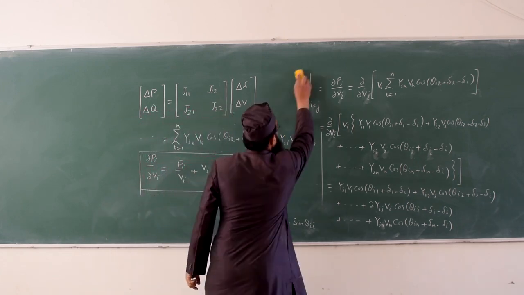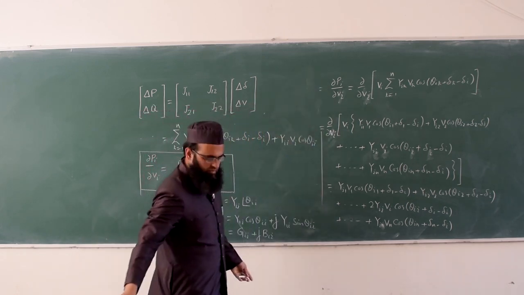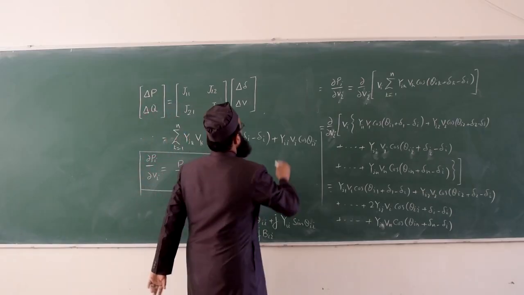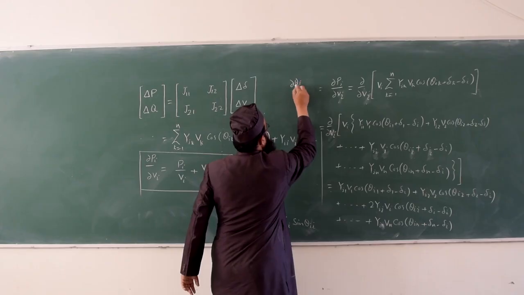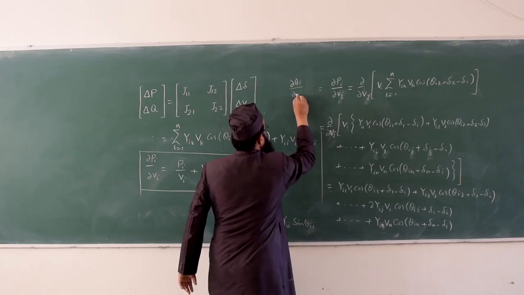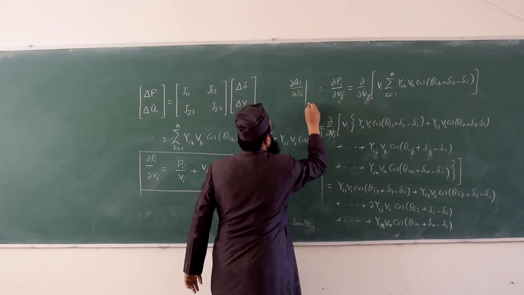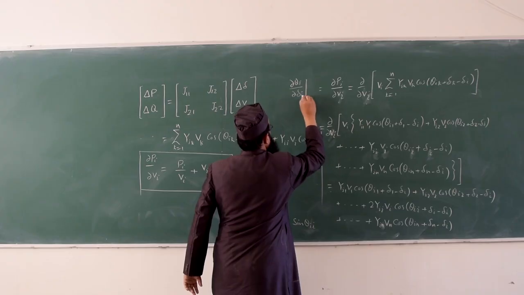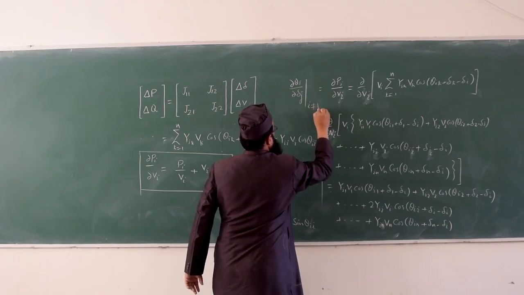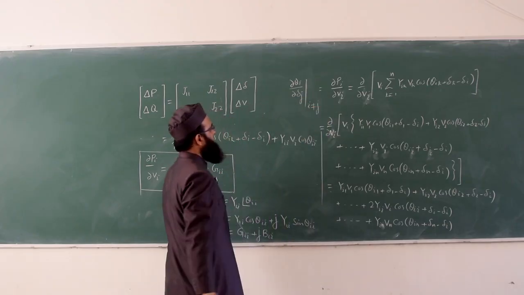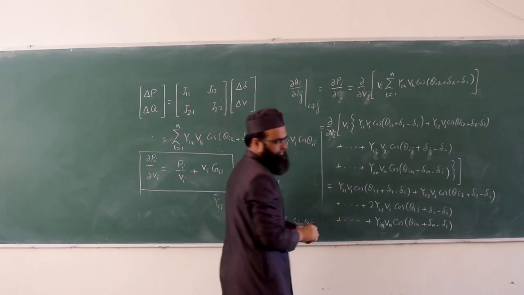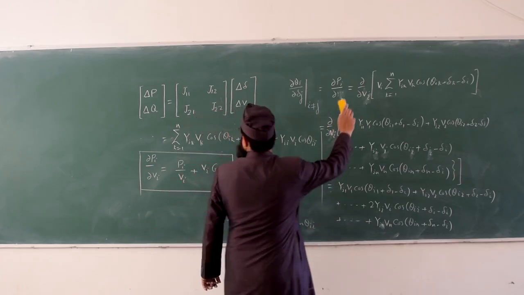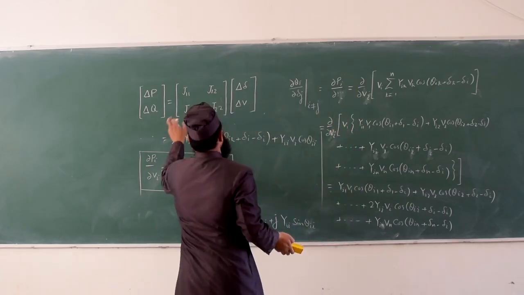So, we can write here for J21 we will get del Qi upon del delta I. Take the case, first take I is not equal to J, then we will take I is equal to J. Okay. First one, second one, okay.